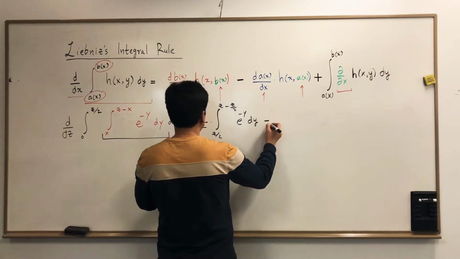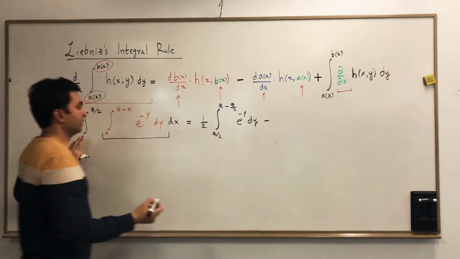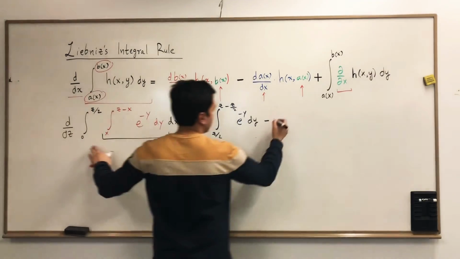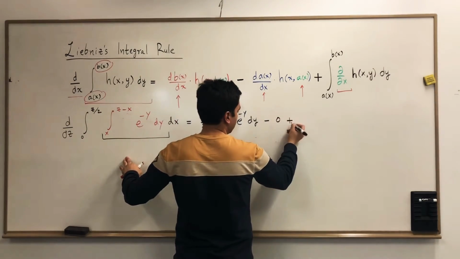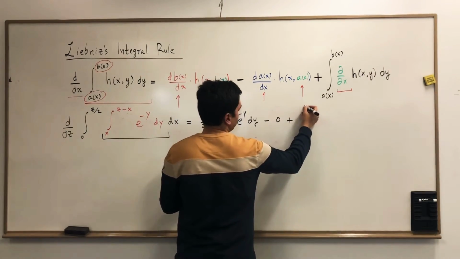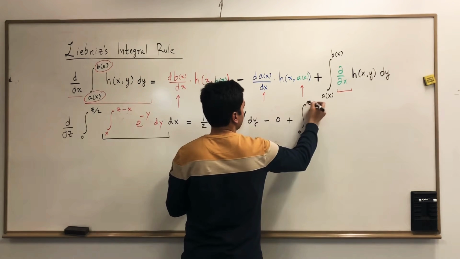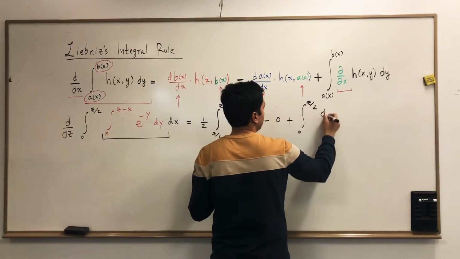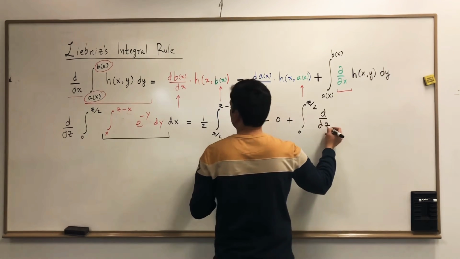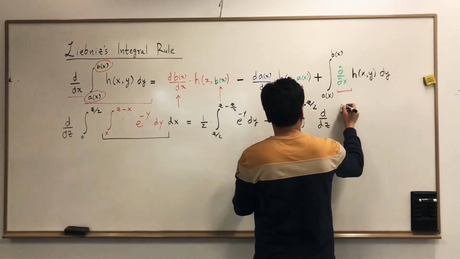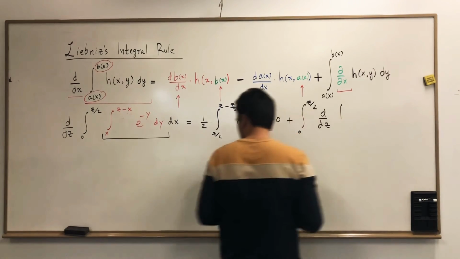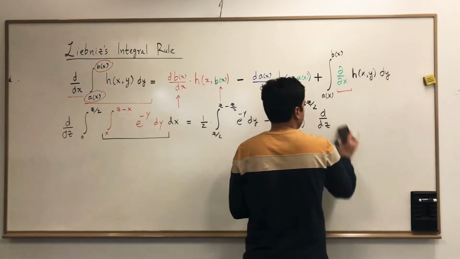The second term will be minus, the lower limit is 0, so that's great, plus, now we can safely move the derivative inside. So it will be 0 to z over 2 d over dz of this inner integral. Let me do it with another color here.